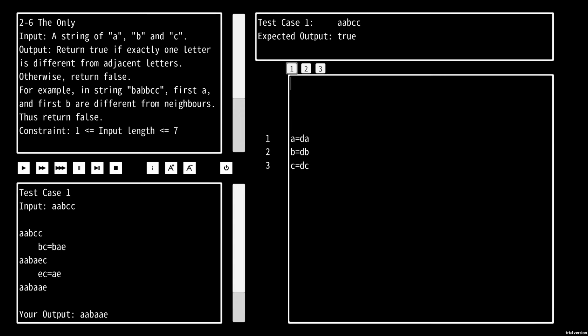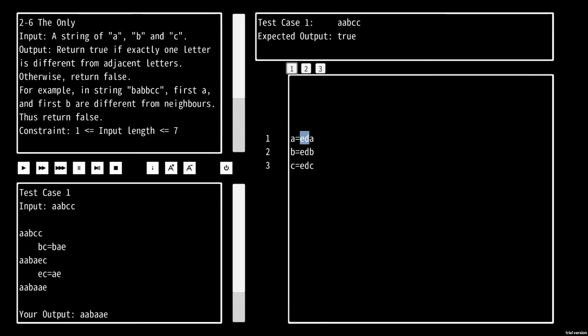So let's start with deleting the left, I think. Wait, no, it can't start in the middle. Oh my god, it can't start in the middle. That's fine though, because I can have a different thing that goes left.